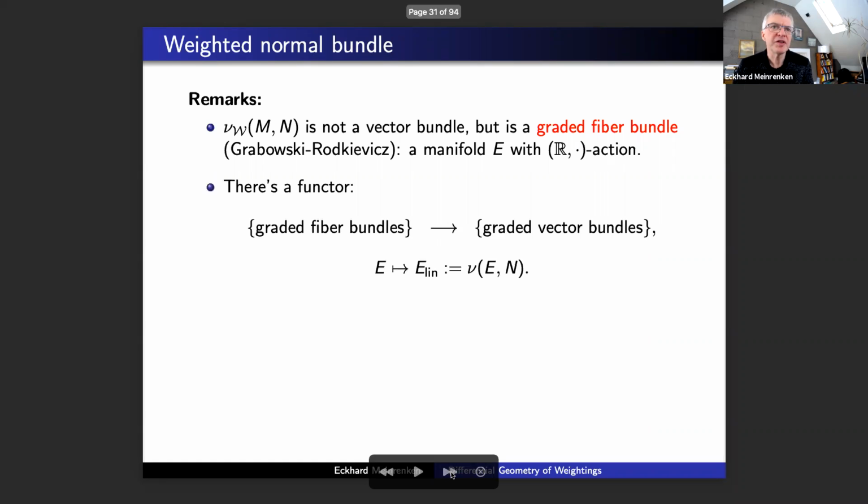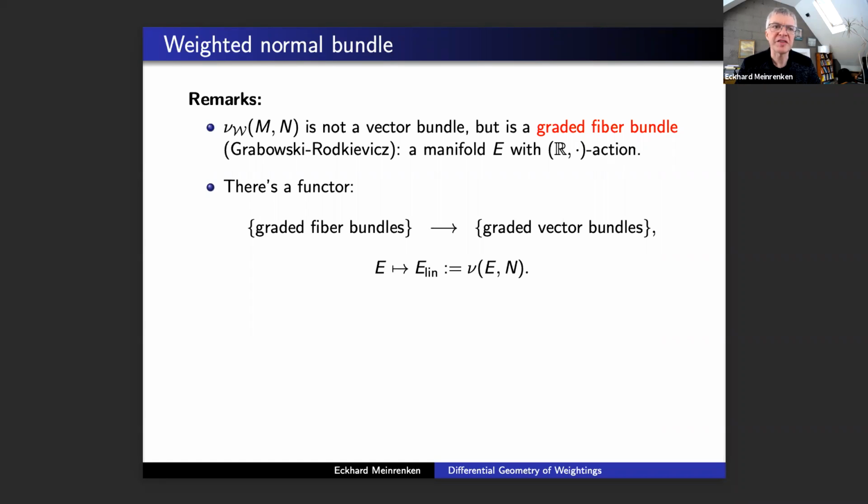One of the interesting things one can do with graded fiber bundles is that it's a linearization functor. If you have a graded fiber bundle, then you get a graded vector bundle. Graded vector bundles, of course, are special cases of graded fiber bundles because they have an action of multiplicative scalars. Not the vector bundle multiplication, but the graded vector bundle multiplication, with different weights and different summands.